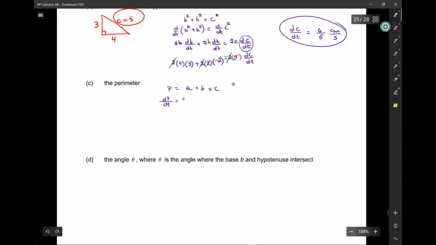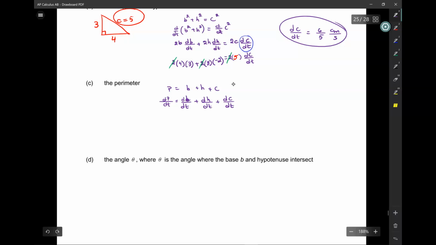So dP/dt is dA/dt. Not dA. This was b plus h. It's b plus h plus c. So db/dt plus dh/dt plus dc/dt.